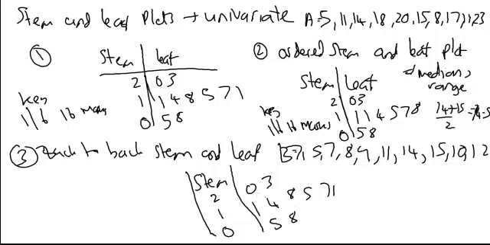So that's the distribution for the dataset A, and now I add my new data. So here I have 7, 5, 7, 8, 9.